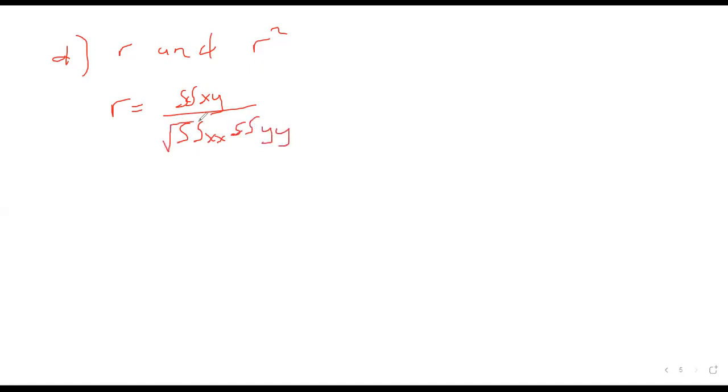In part D, find r and r squared and comment on it. So we know that r is sum of square xy over the square root of sum of square xx times sum of square yy.